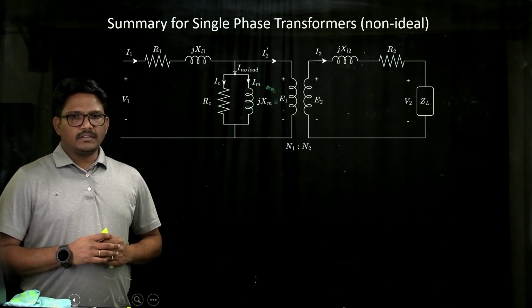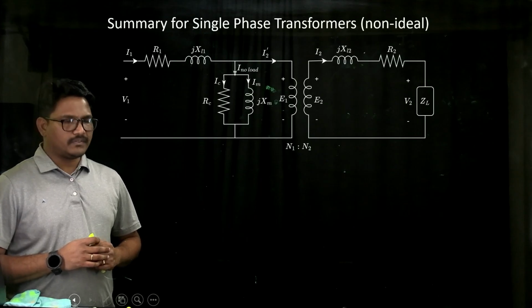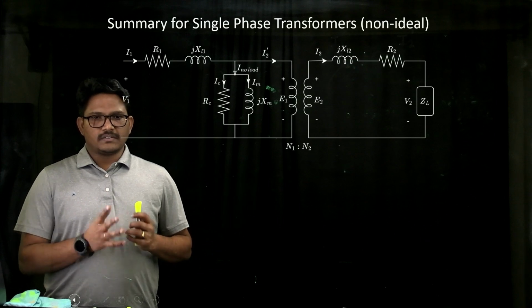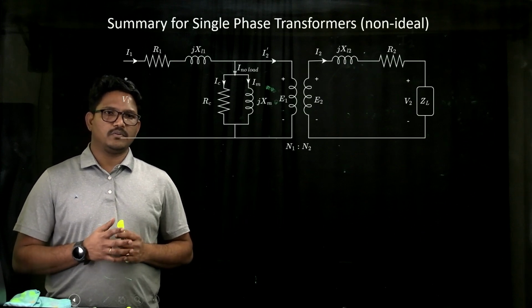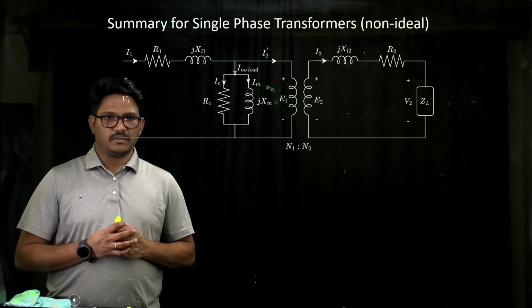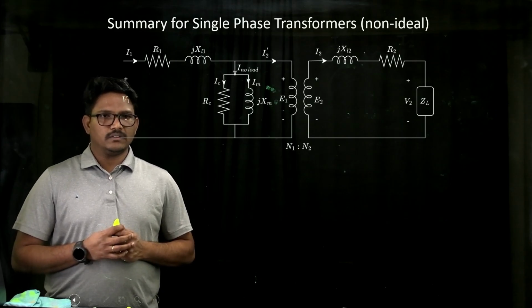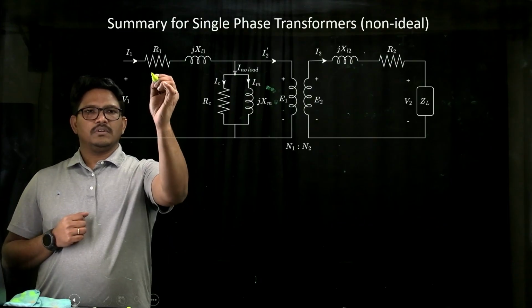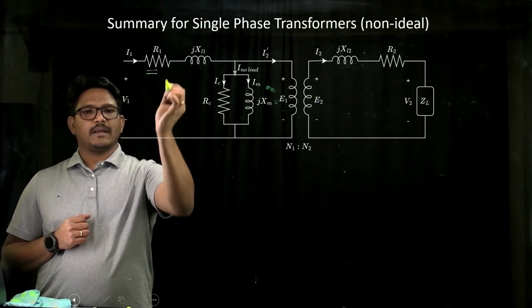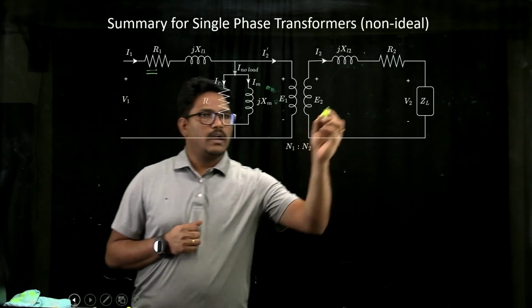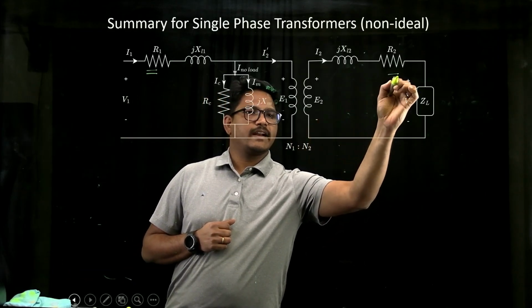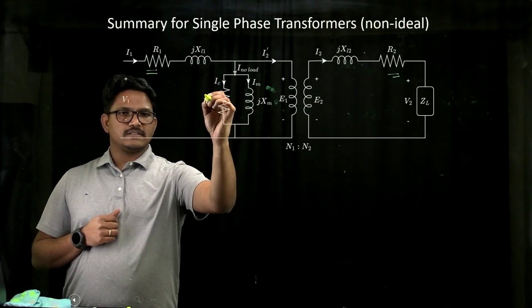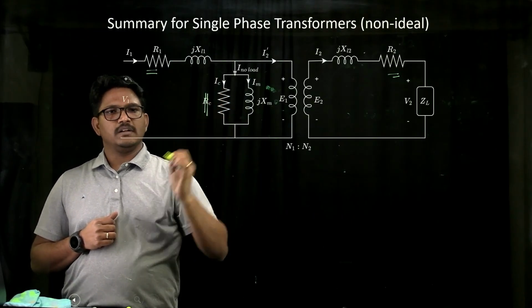Another important thing here in the non-ideal representation of the single phase transformer is what the losses are and how we get to know the efficiency of a transformer. Now we see that the lossy components in the equivalent circuit are due to the copper losses on the primary winding of the transformer, copper losses on the secondary winding, and also a resistance or lossy component that indicates the core losses.